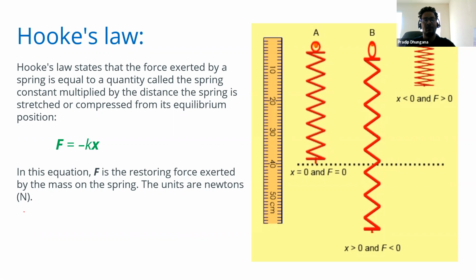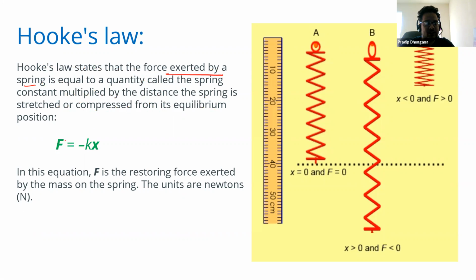Let me read that for you. Hooke's law states that the force exerted by a spring is equal to the quantity called the spring constant multiplied by the distance the spring is stretched or compressed from its equilibrium position.